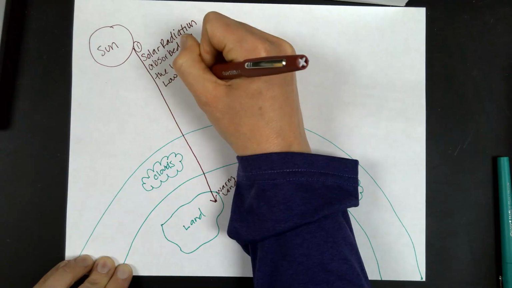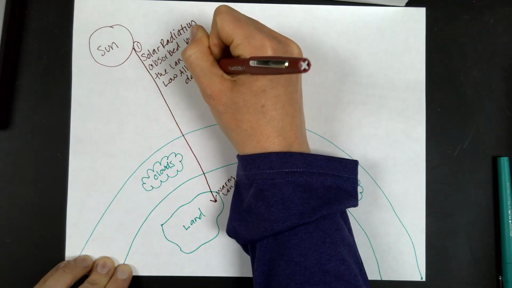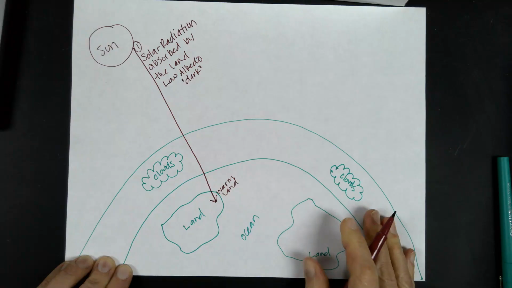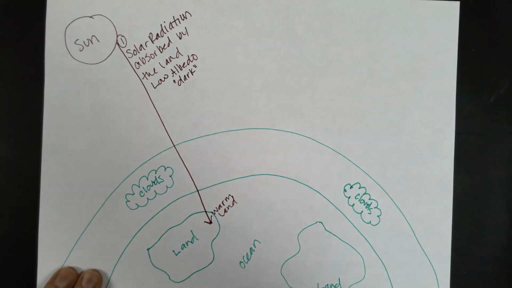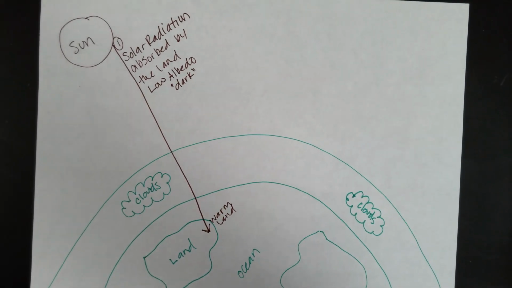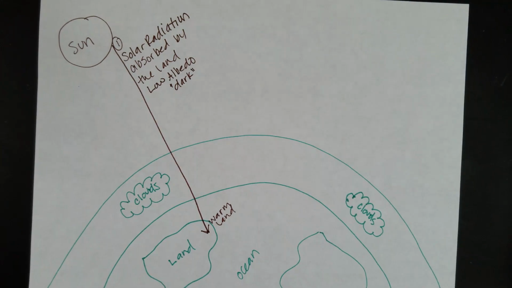It's darker. I'm going to put that in parentheses there. So solar radiation is going to be absorbed by the land. I'm trying to make it bigger for you guys. Solar radiation is being absorbed by the land. It's warming the land right there. Okay, it's warming the land.